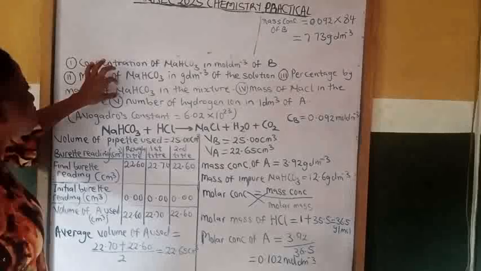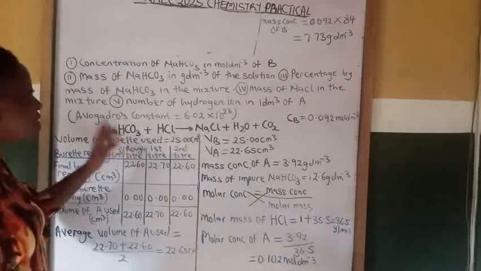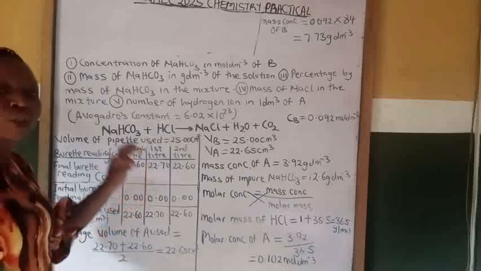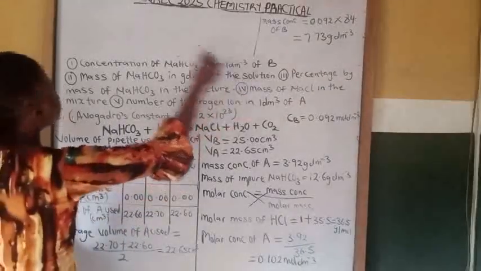So since we are looking for the percentage by mass of NaHCO3, which is our base, that is the percentage purity. Then what is the formula for calculating percentage purity?